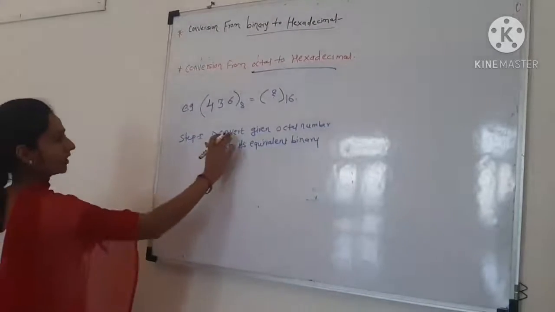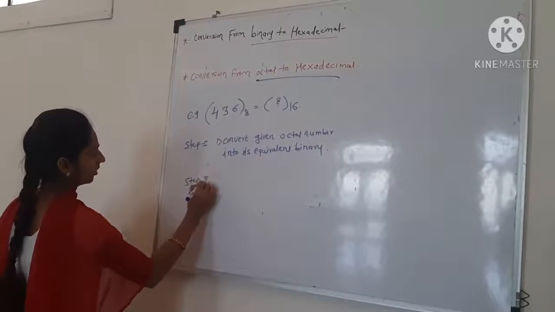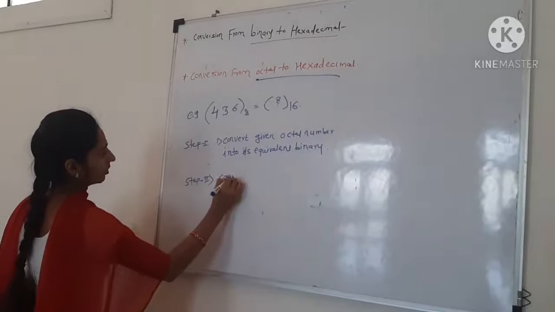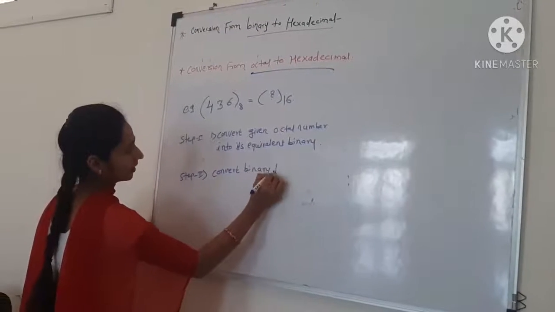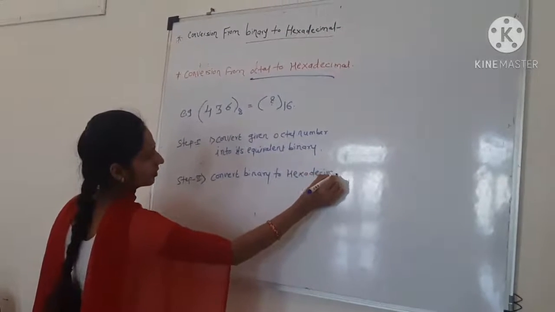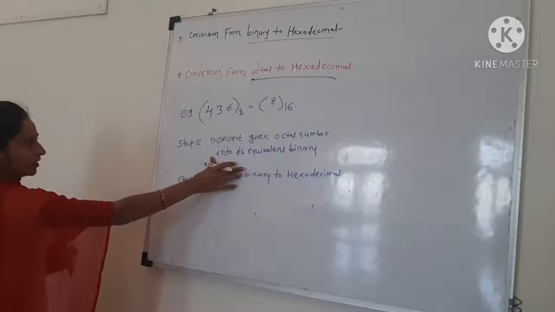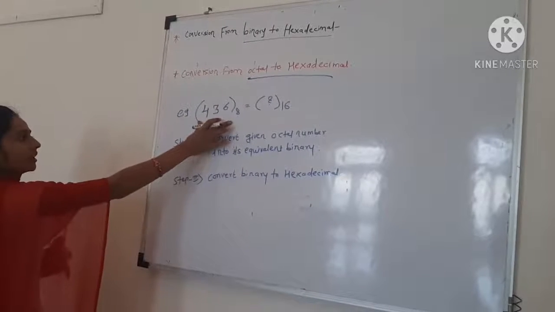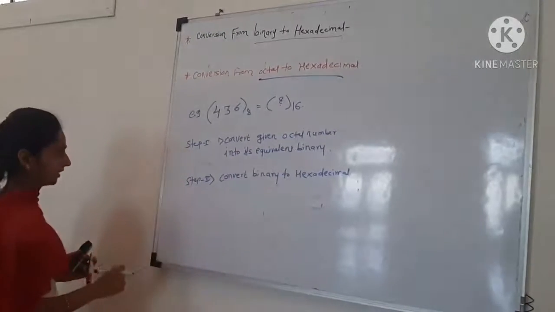First we have to convert it into a binary number. After that we have to convert this binary into hexadecimal. So in this conversion we are using two conversions, that is firstly we are converting our octal number to binary and then binary to hexadecimal.